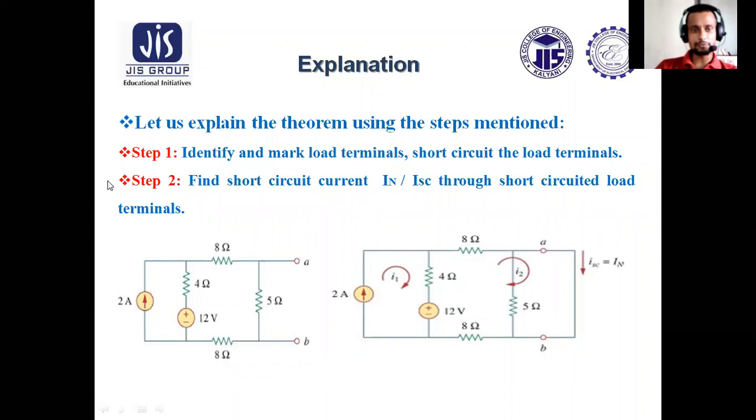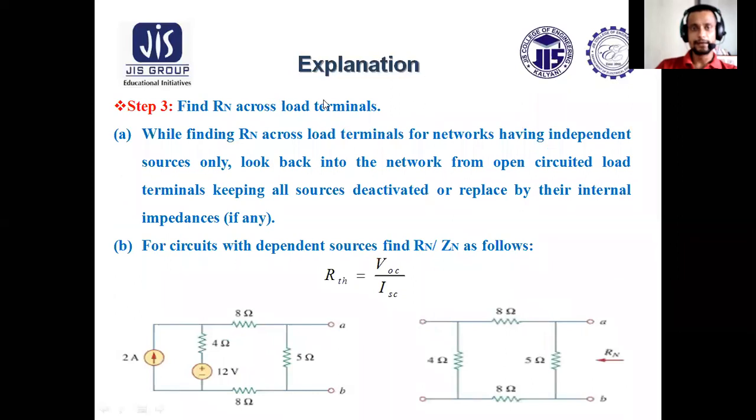Now let us move to step 3. Okay, before moving to step 3, let me tell you, to find IN, you may apply current divider rule, mesh analysis, nodal analysis, whatever you want to apply, you can apply. But your objective is to find the short circuited current through the load terminals. Next, determination of Rn.